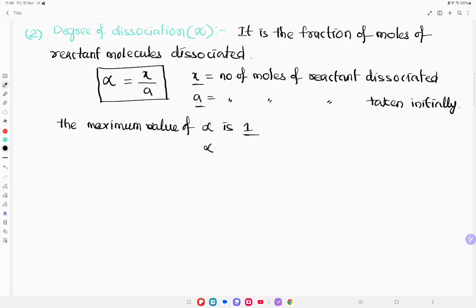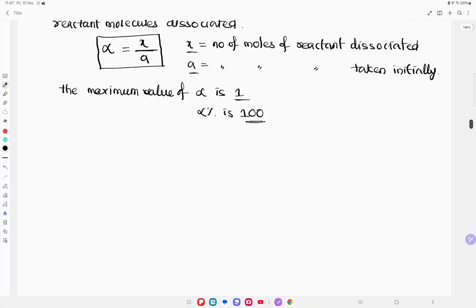The maximum value of alpha percentage is 100. So degree of dissociation is a ratio between number of moles of reactant molecules dissociated to number of moles of molecules taken initially.